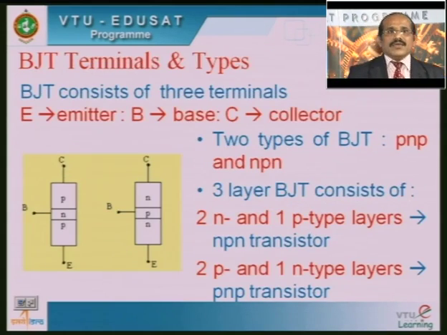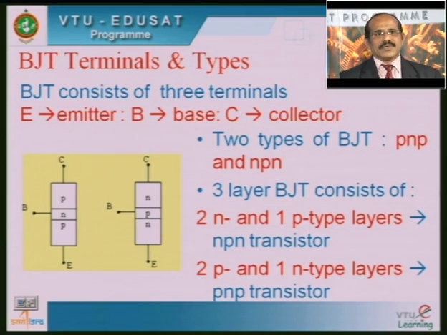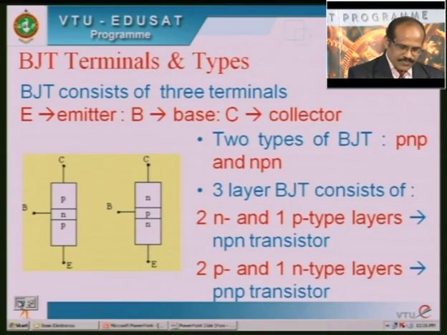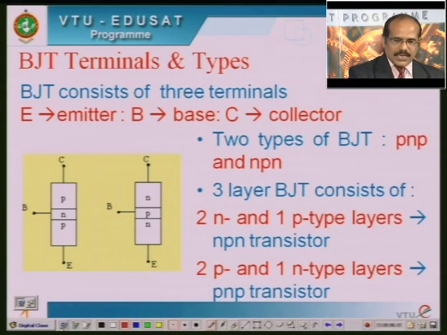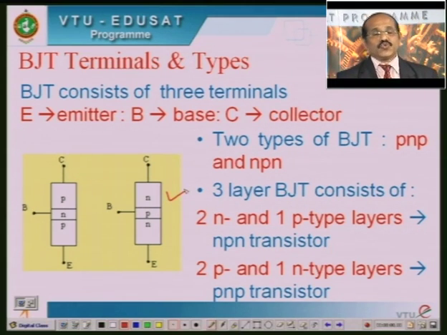Now let us know what the terminals of the bipolar junction transistor are and the types of bipolar junction transistor. BJT consists of three layers. It can be either PNP or NPN. In the PNP transistor, the N layer is sandwiched between two P layers. Similarly, in NPN, the P layer is sandwiched between two N layers.